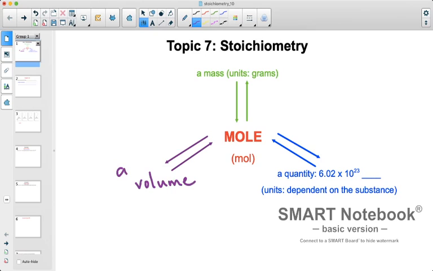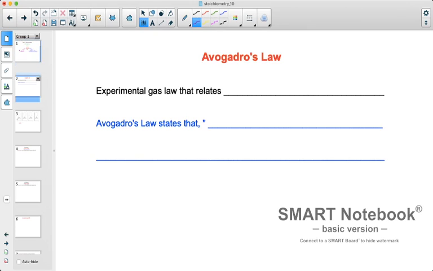In order to understand the definition of a mole as a volume, we first need to discuss Avogadro's law. Avogadro's law is an experimental gas law that relates volume with the number of gas particles.